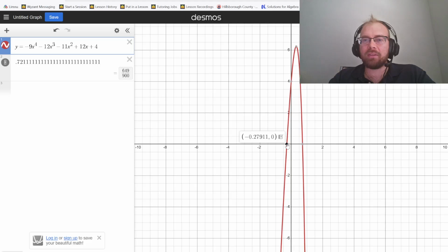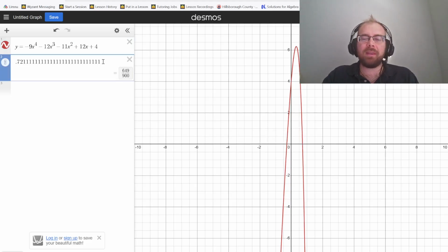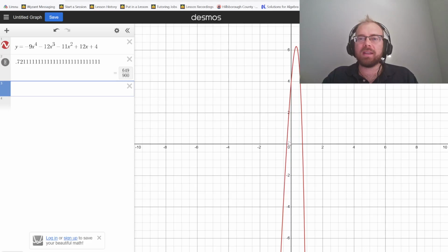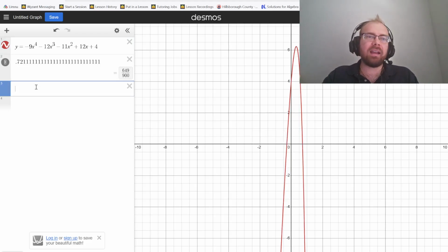This one, and the reason why it could be rational is because I actually see a 1-1 on the end of this guy too. So that makes me wonder if maybe. Let's see. So negative, we'll take off the negative because it doesn't really matter as far as changing it into a fraction. 0.279. 0.279 and then give it a bunch of 1s.